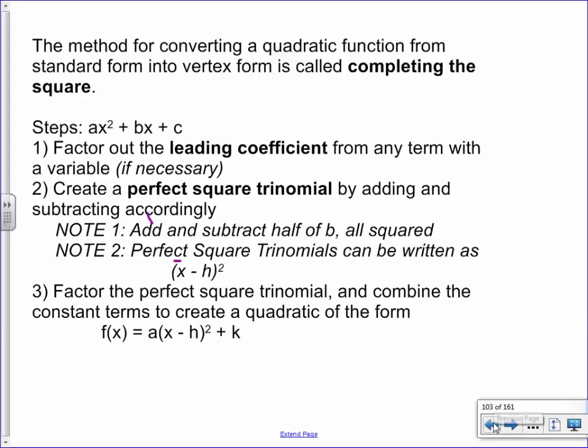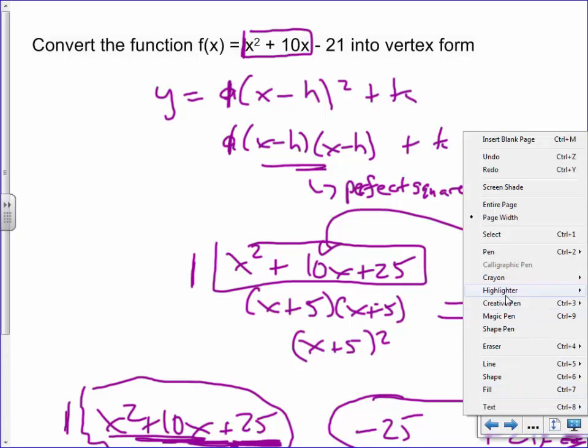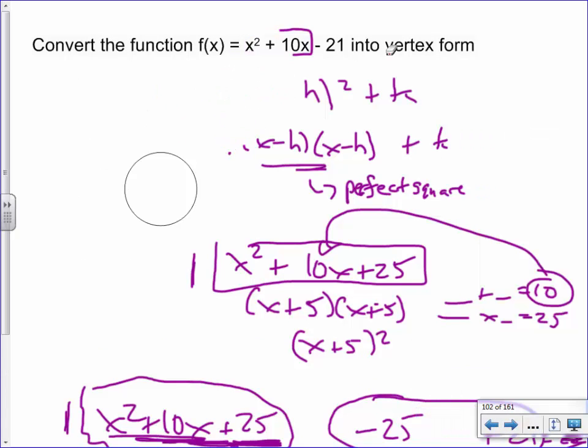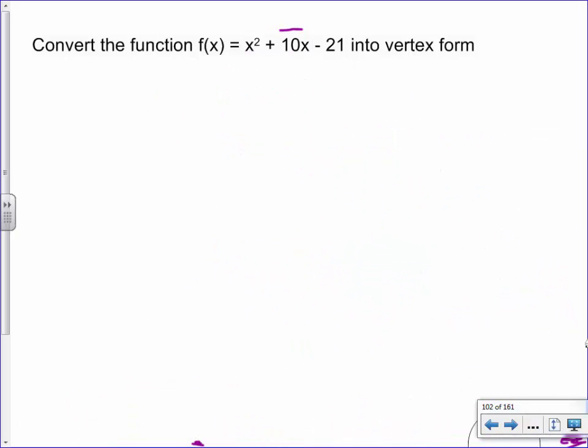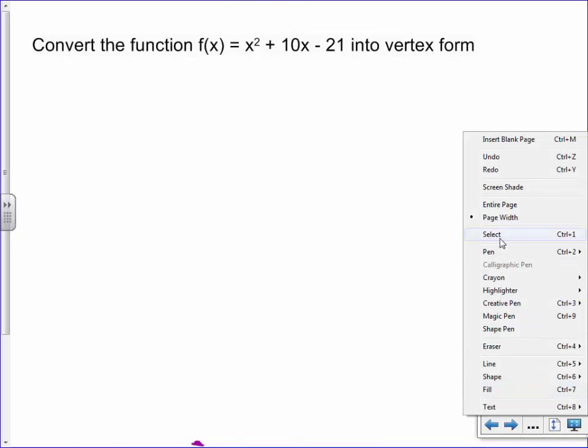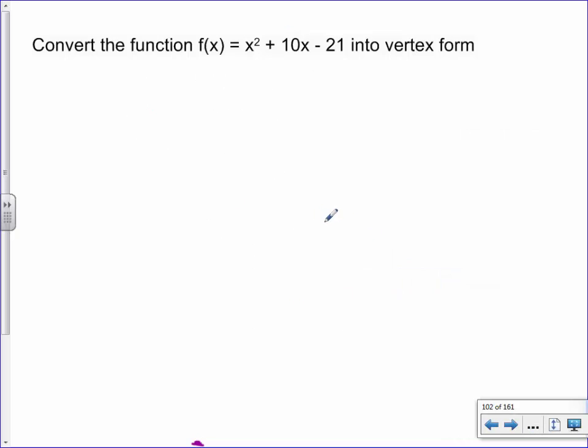So let me try doing this one again one more time from scratch, then you guys can copy along if you want. So step 1, factor out a leading coefficient. If you wanted to, you could factor out a 1 and leave it as 1x squared plus 10x plus 21.